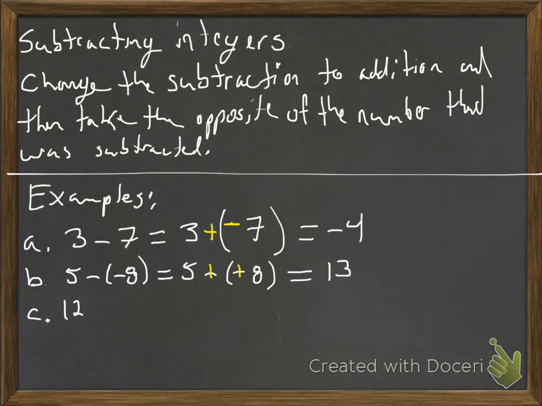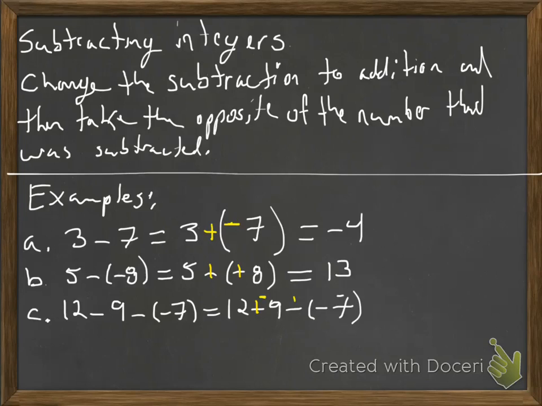Take a look at another one. We'll do 12 minus 9 minus negative 7. Okay, and we're just going to change those subtraction signs into addition. So this becomes 12 plus. I'm just going to write it in first, and then I'm going to change the signs. That minus becomes plus.